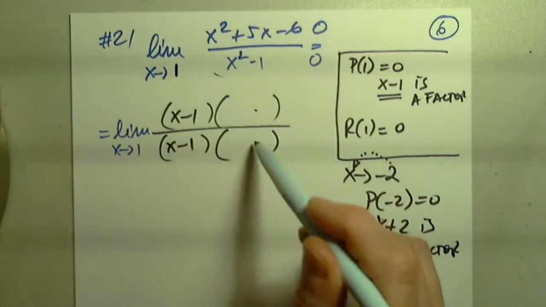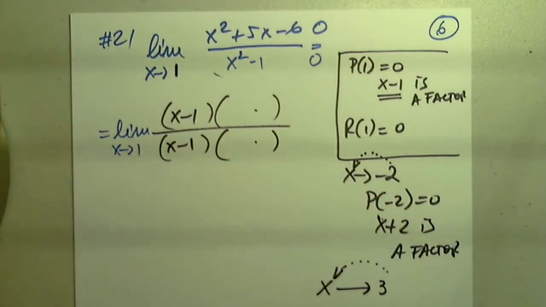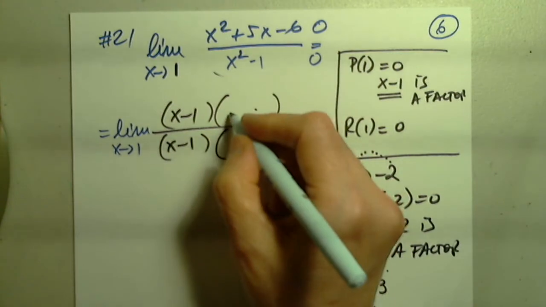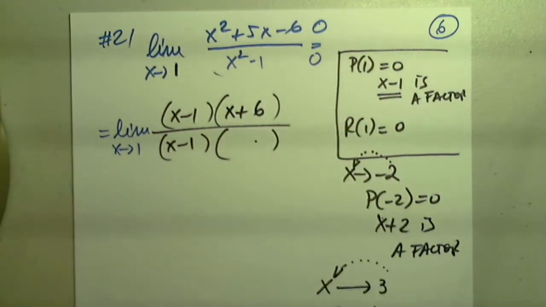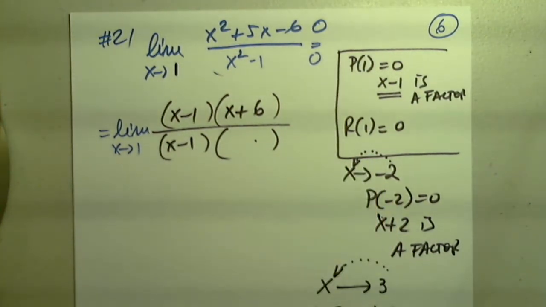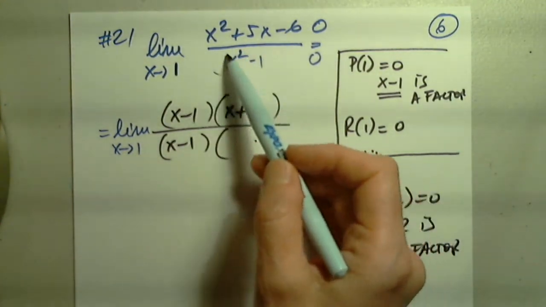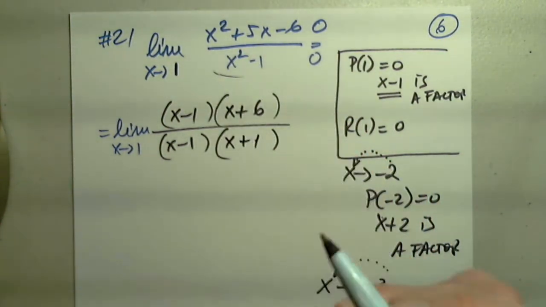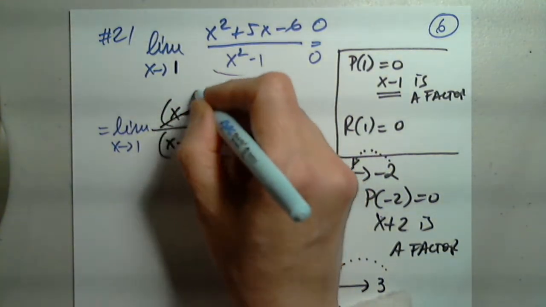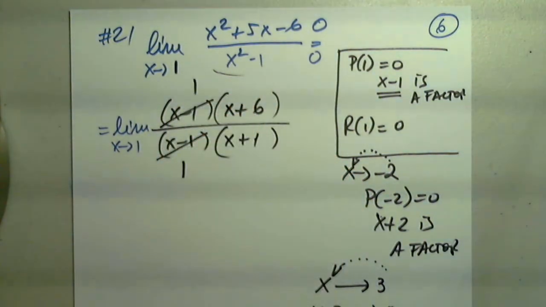Okay, so now let's figure out the rest here. x plus 5 on the top. x plus 6. Good. Oh, that's what I meant, because when you subtract it, it's 5. Good. And the denominator? We discussed. x plus 1. Yes, we discussed this on the first day of classes. Oh, so look, the culprit is going away.